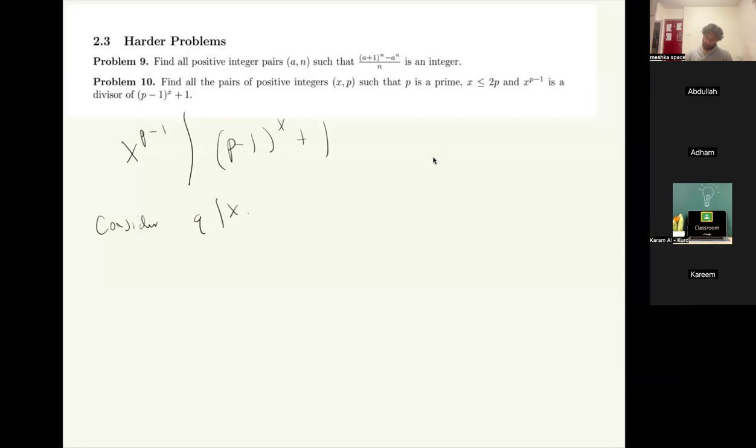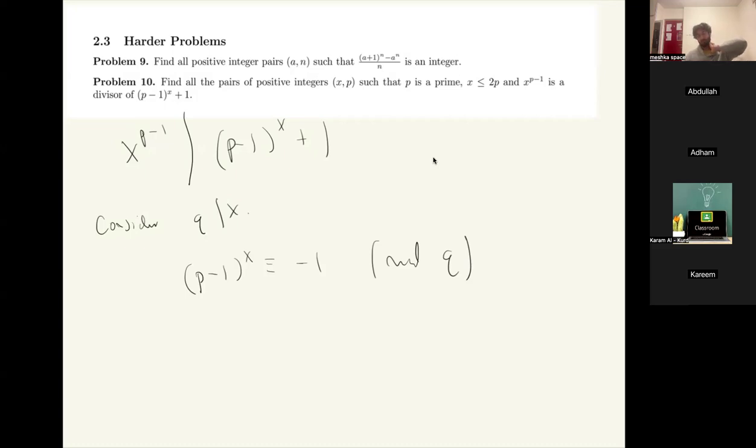So it means that p minus 1 to the x is congruent to minus 1 mod q. Actually, it's true mod q to the p minus 1, but let's first work mod q, and then if we need more information, we'll go mod q squared all the way to mod q to the p minus 1. But first, let's start with mod q.